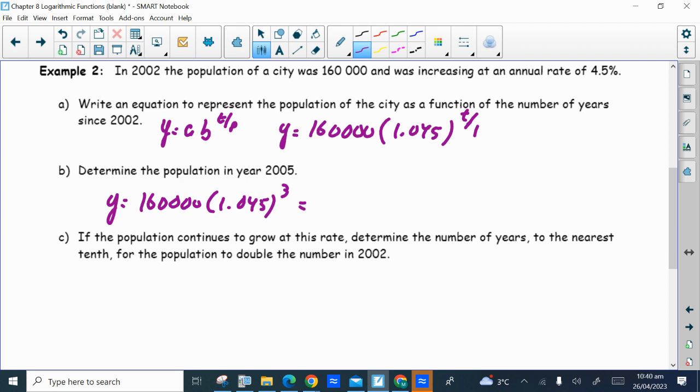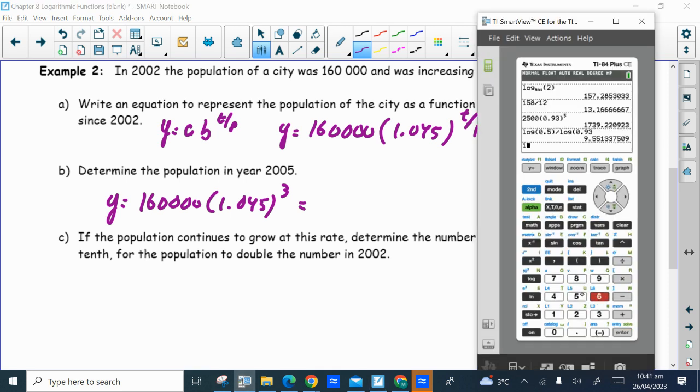So we can calculate that in the calculator. 182,568.6. It doesn't say what to round it to, so we could round to the nearest person, 182,587.